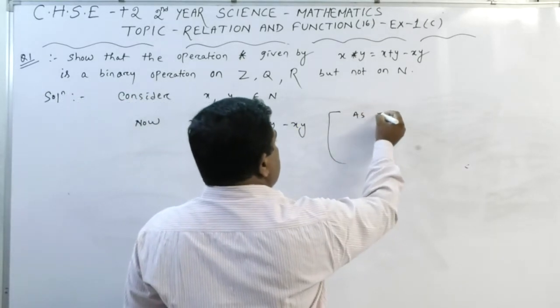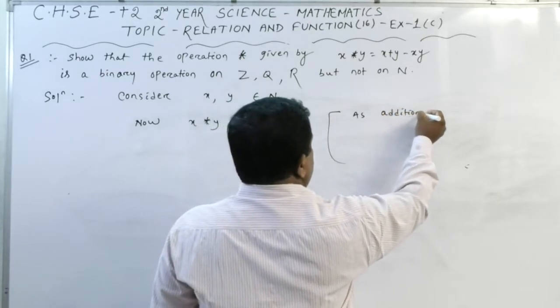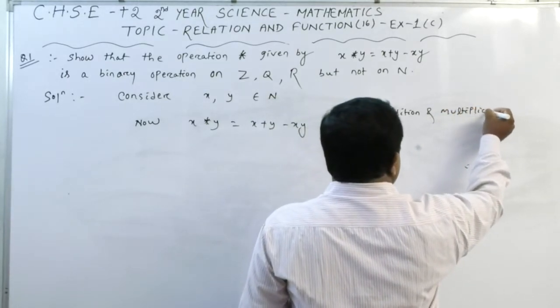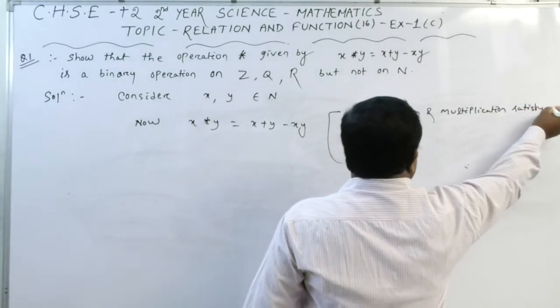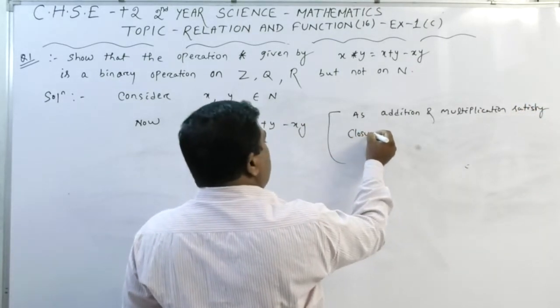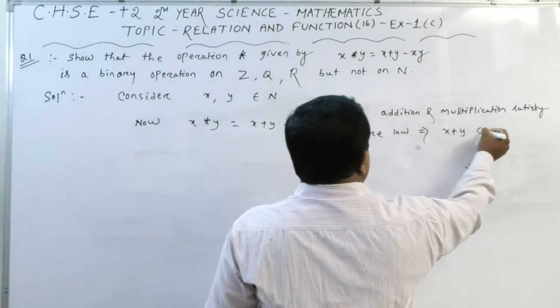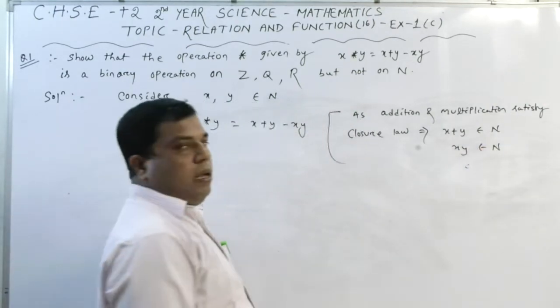As addition and multiplication satisfy the closure law, that implies x plus y belongs to N, xy also belongs to N. Clear, my dear students?